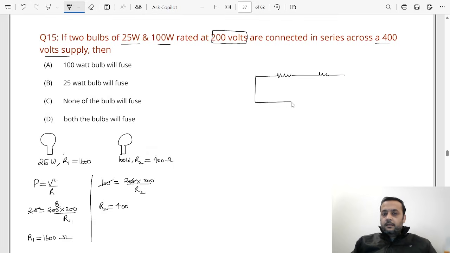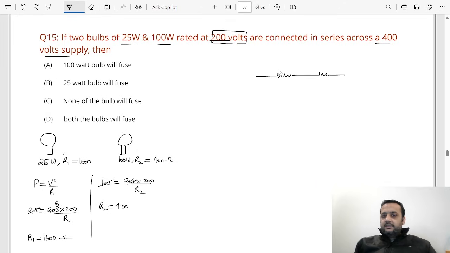One more thing we should understand is that when we are given a rating like 25 watt 200 volts, 100 watt 200 volts, that also implies the maximum potential difference that the bulb can sustain is 200 volts. So if any bulb is rated some watt, some volts, that voltage also implies the maximum potential difference it can sustain.